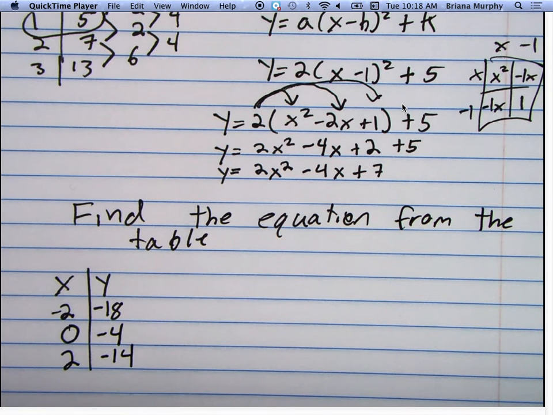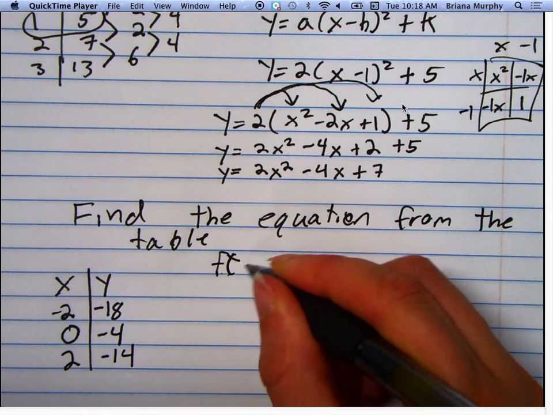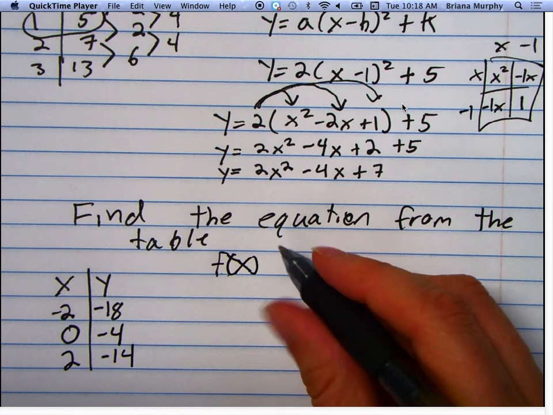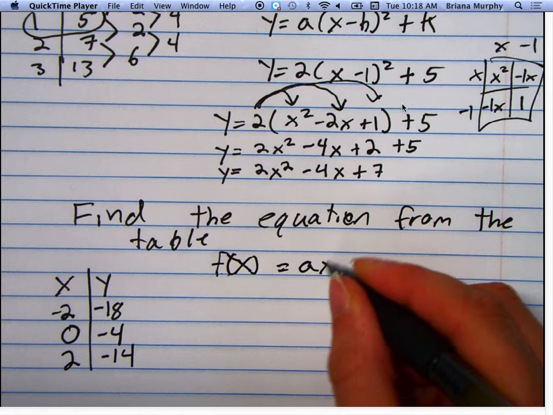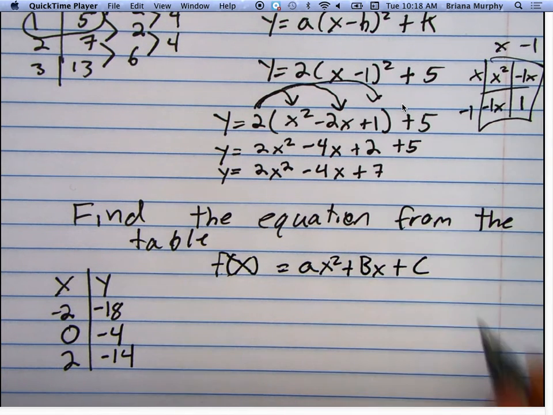My x's don't go up by 2's, which means we cannot use the second difference. That's out. Okay? So the first step we're going to look for, we've got f of x equals ax squared plus bx plus c, correct?